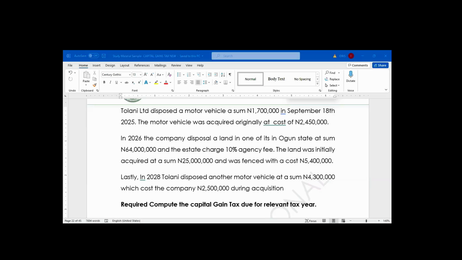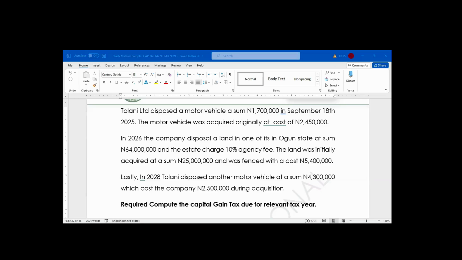We're lessing. So our net sales proceed will be how much? This minus this.